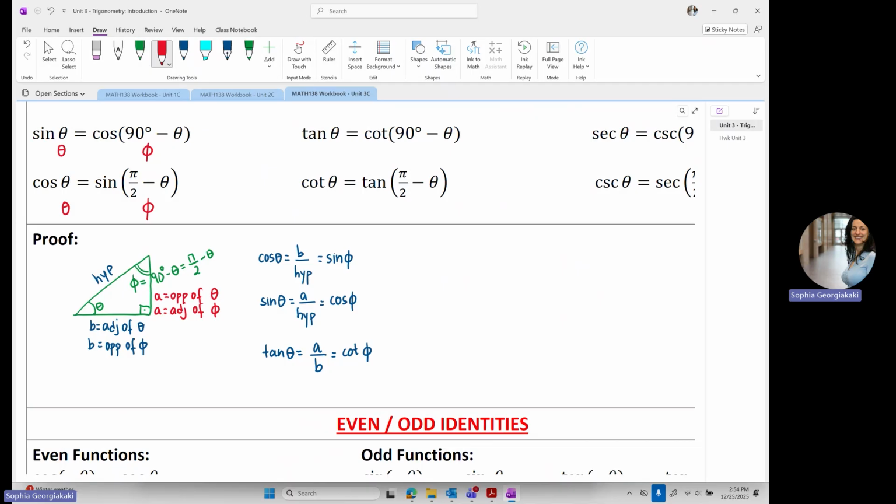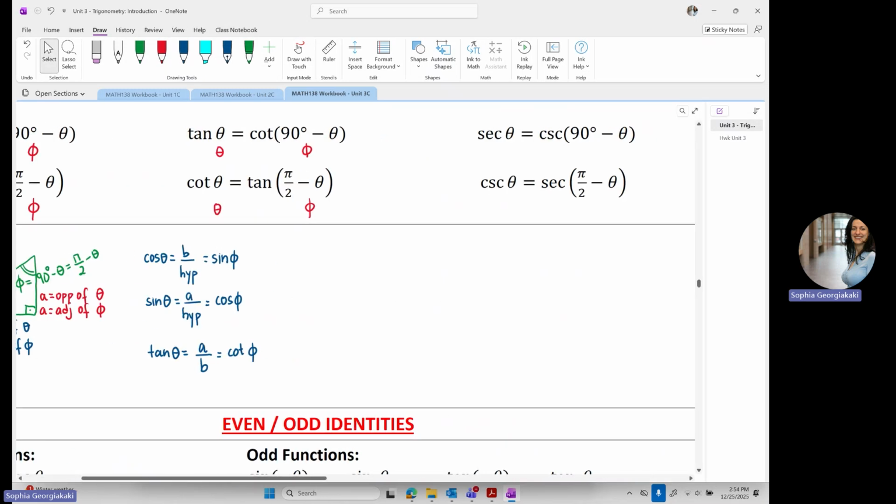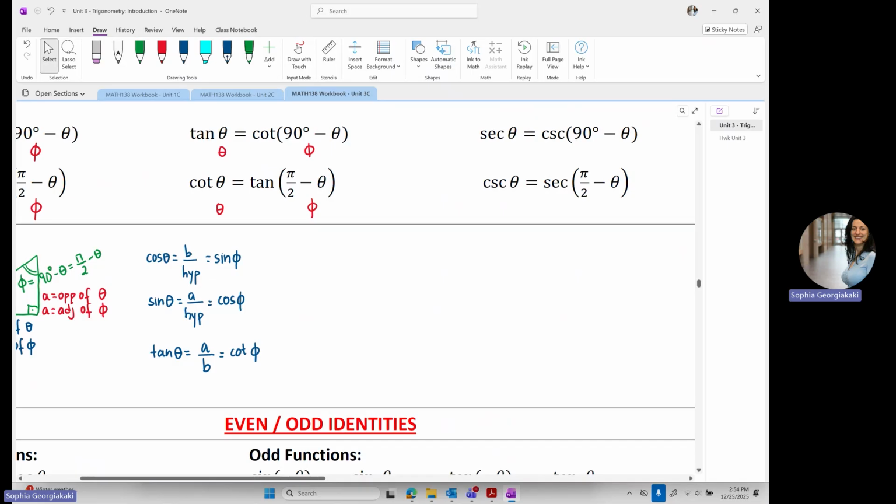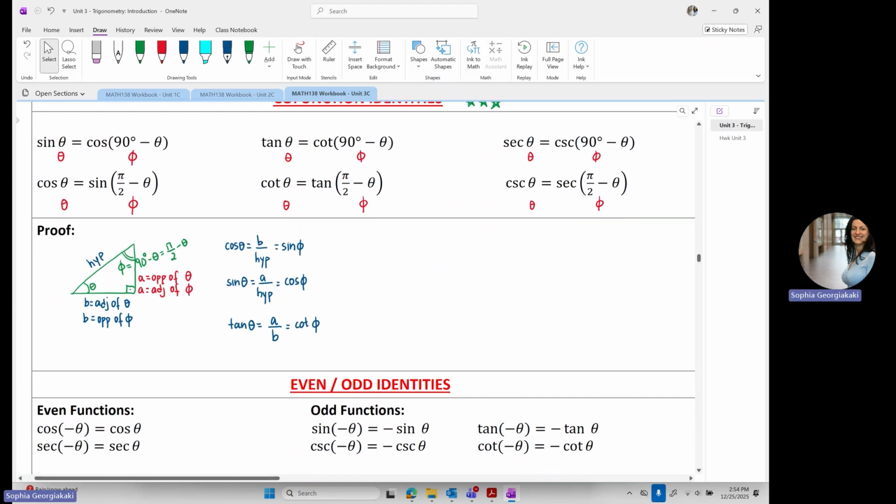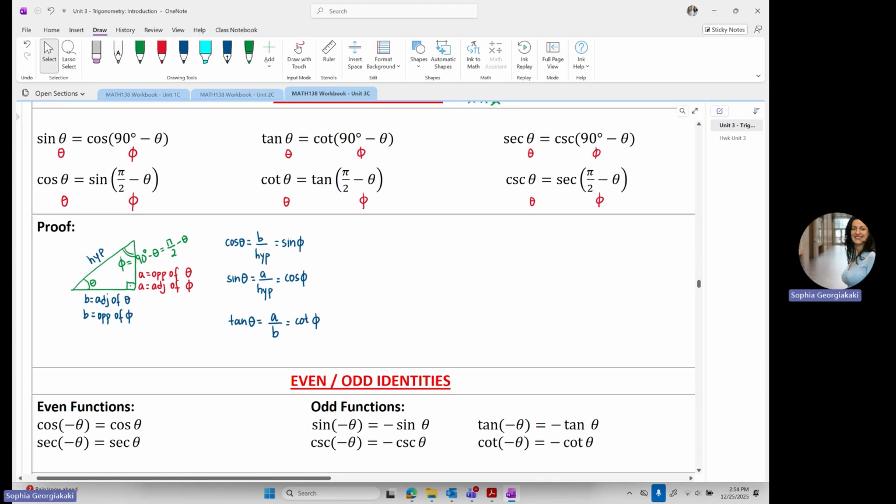The tangent of theta is the cotangent of the complementary angle. The cotangent of theta is the tangent of the complementary angle. The secant and the cosecant are cofunctions. They swap values between theta and phi, theta and phi being two angles that add to 90 degrees. Why is that? Because in their definition, the adjacent and the opposite swap between those two angles.